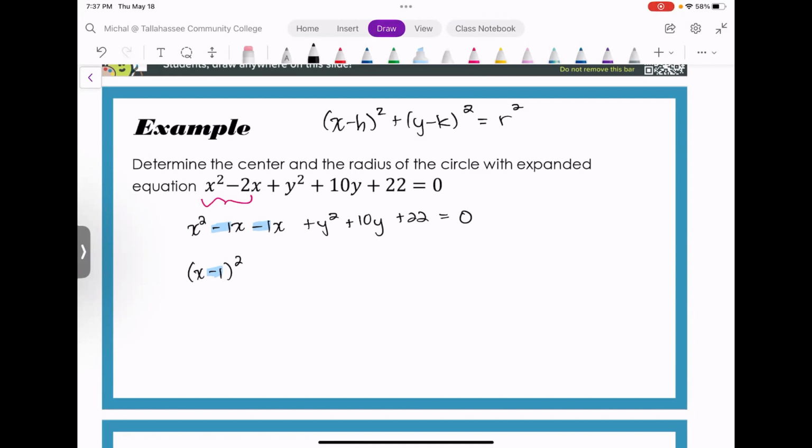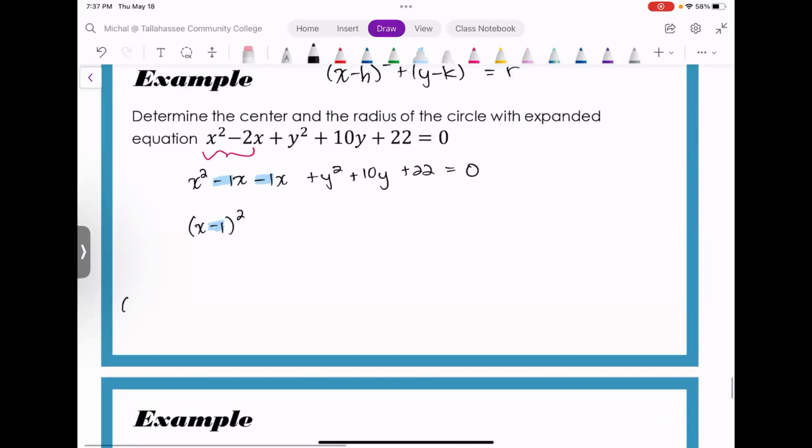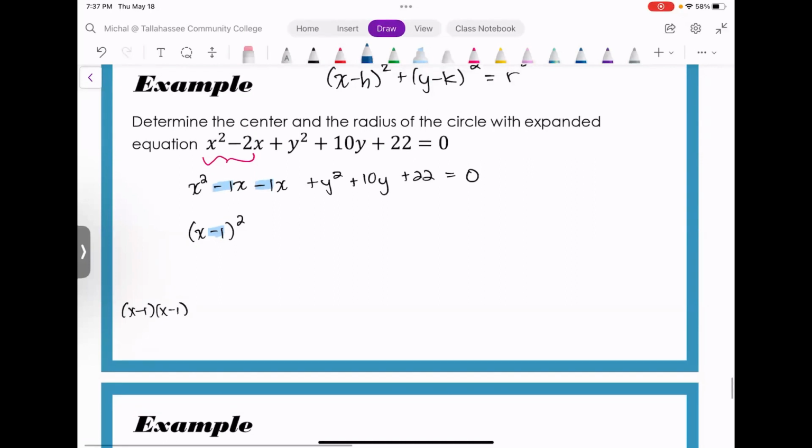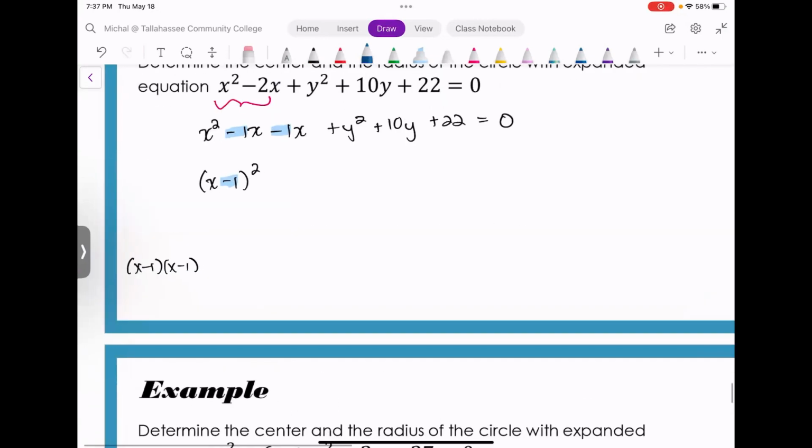If I do off to the side, if I just do x minus 1 times x minus 1, I get, oopsie, x times x and x times negative 1.